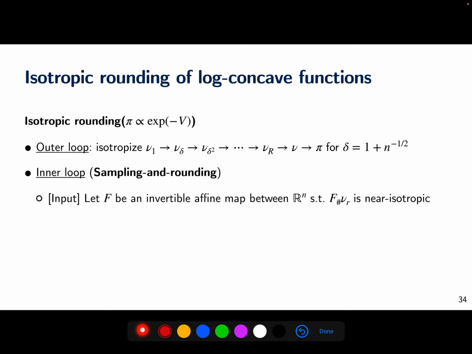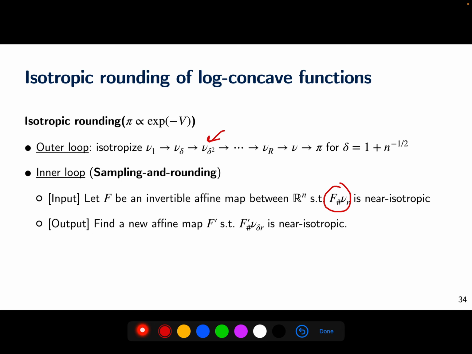Here the input is some invertible affine map between R^n such that, under this affine map, your push-forward measure is near isotropic, and your output is some new affine map prime such that your next distribution, in this case nu r, is near isotropic.